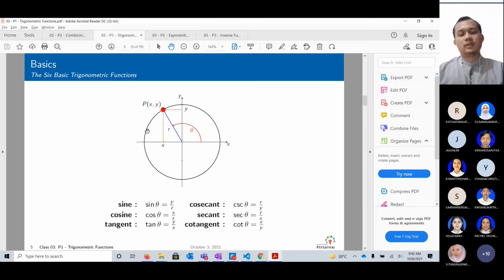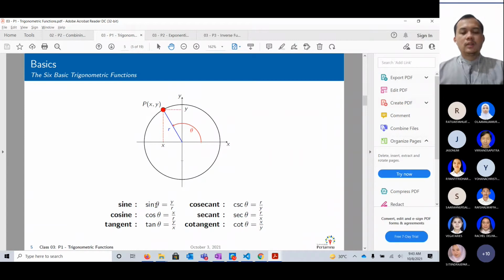Let's consider this unit circle, or a circle with a radius of r, and the angle theta is this angle from the x-axis up to this line, the blue line.